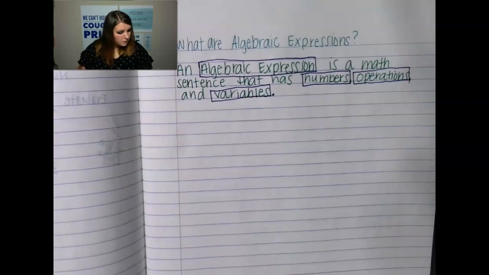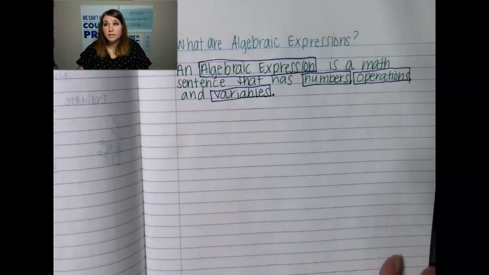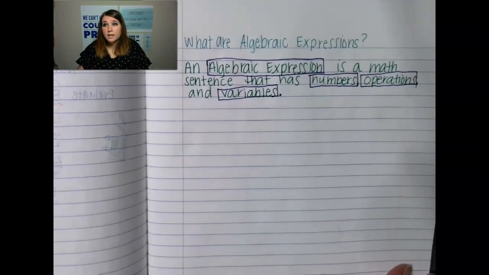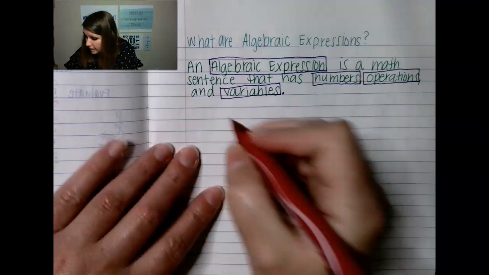All right. So we are going to first talk about what an example of one would look like. I'm going to write an algebraic expression for you, and I'm going to color code it because there's lots of different parts to an algebraic expression, and it's really important that we know the vocabulary of each piece.